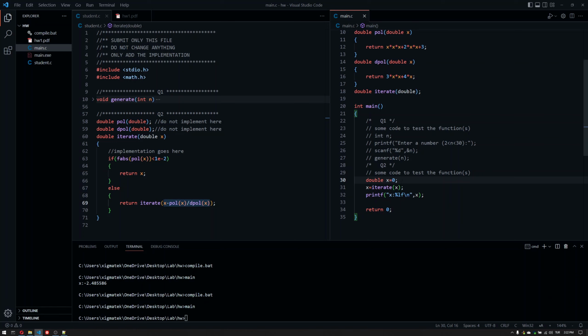The reason is the following: because we have a division by x here, if we plug in x equals 0, we get a division by 0.